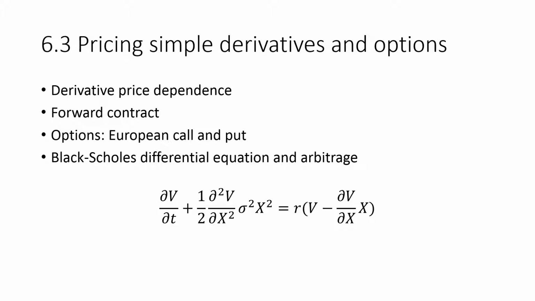After taking the partial derivatives and expanding the value of the portfolio, we were able to reduce it to the Black-Scholes differential equation. The Black-Scholes differential equation ensures that arbitrage is not possible, meaning there is no risk-free profit for those entering into this agreement.